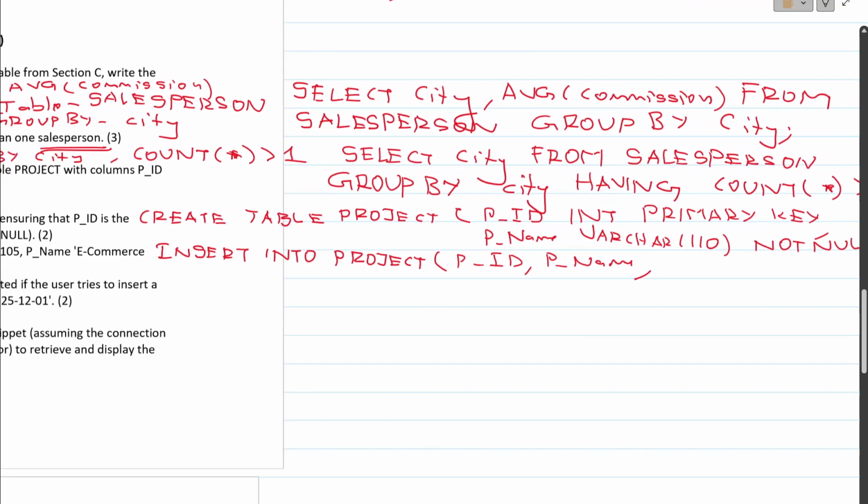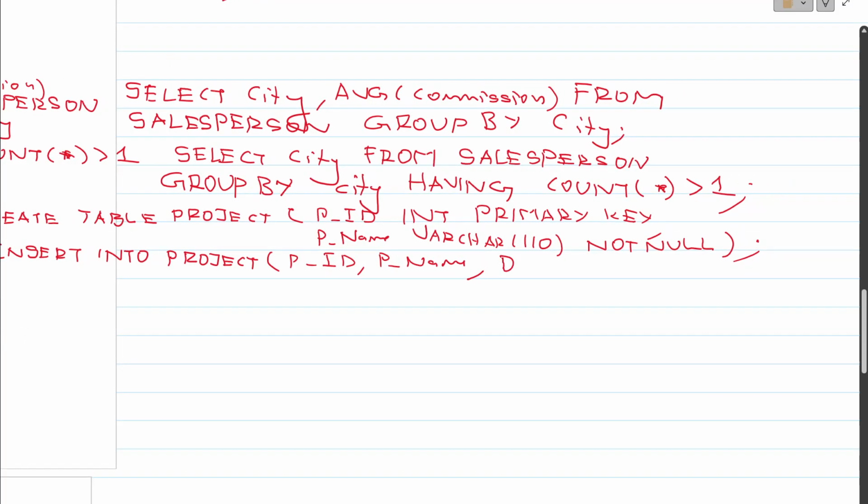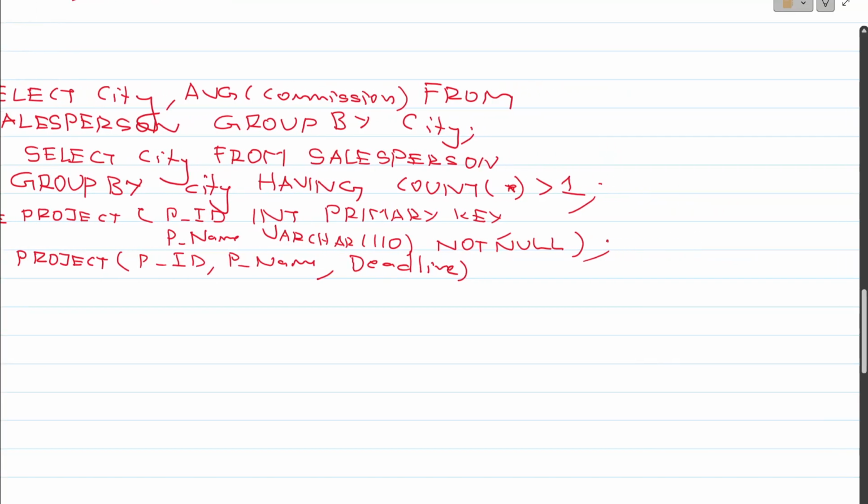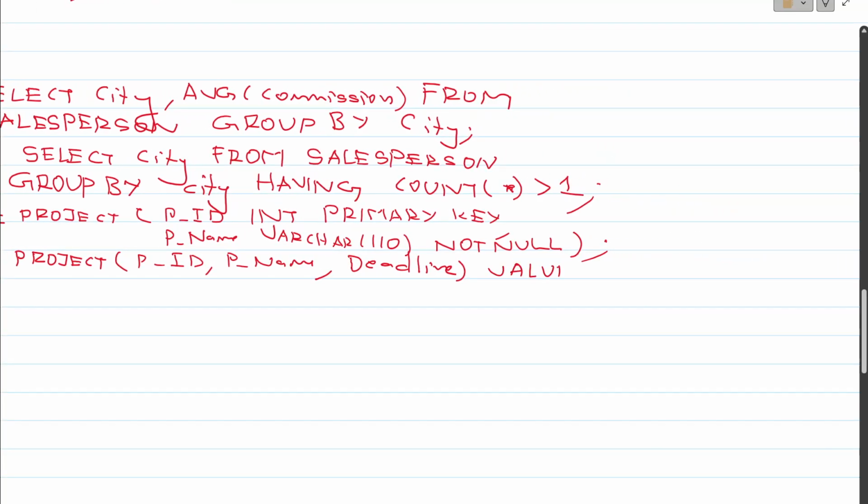So a deadline is also present in the row that has to be mentioned. As soon as you do this, we are saying into all these columns, PID, P name and deadline, I will now be adding values.